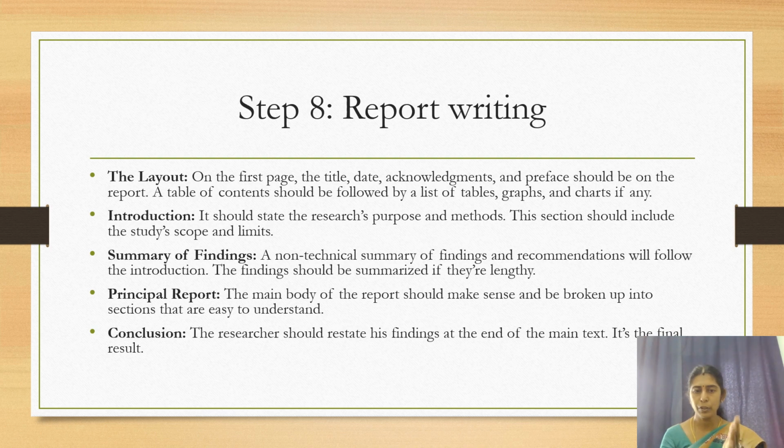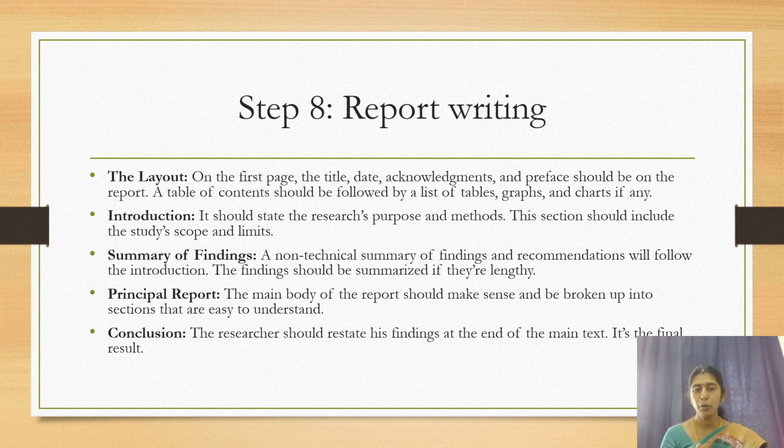We have the first page, the title page, the acknowledgements, your abstract, your executive summary, the table of contents, and at the end your bibliography or the indexes for references. This is the layout. Then you have a small part for introduction.